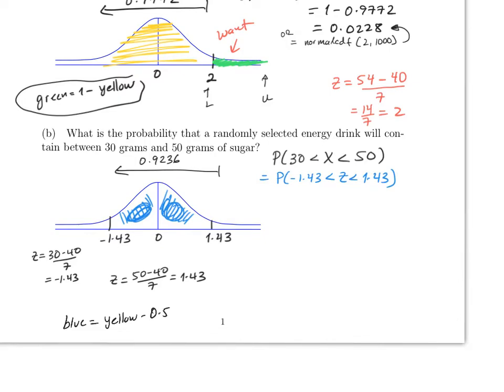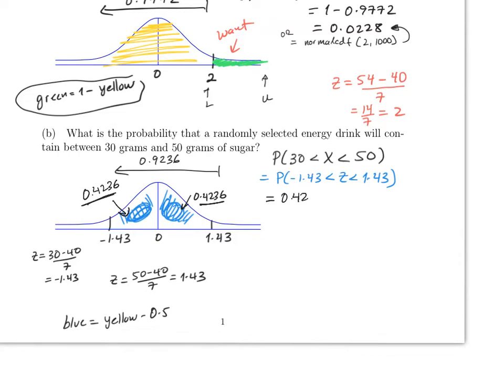So therefore, this part is going to be 0.4236. How? 92 minus 50 gives you 42. Using the same logic, this is again 0.4236. So therefore the area is this plus this.